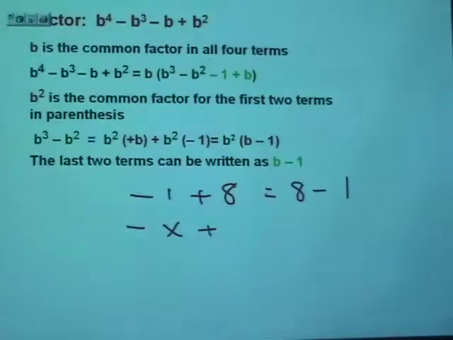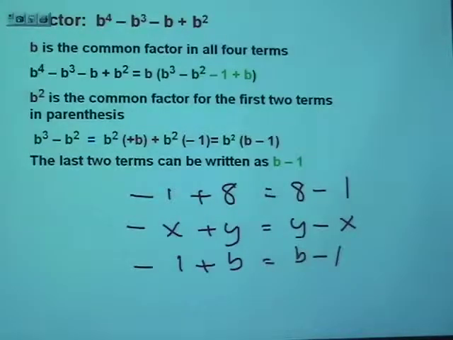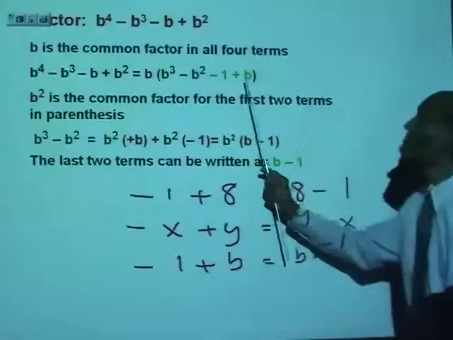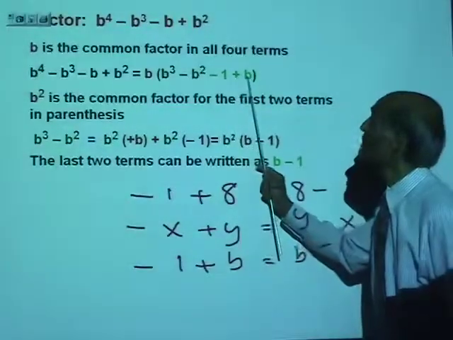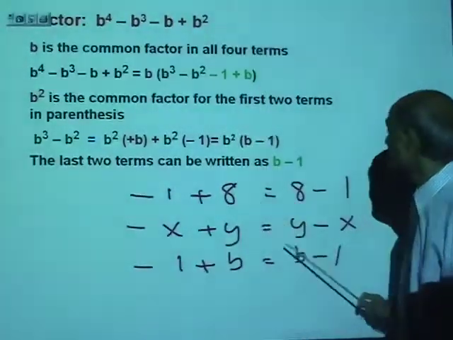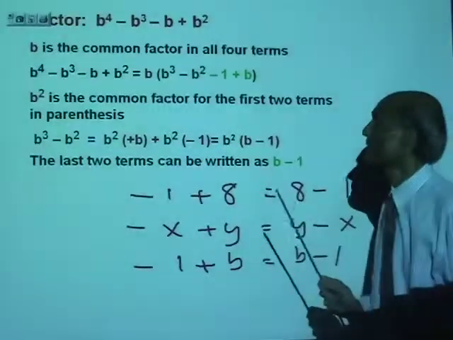Negative x plus y is the same as y minus x. So, our last 2 terms, that is negative 1 plus b, is the same as b minus 1.